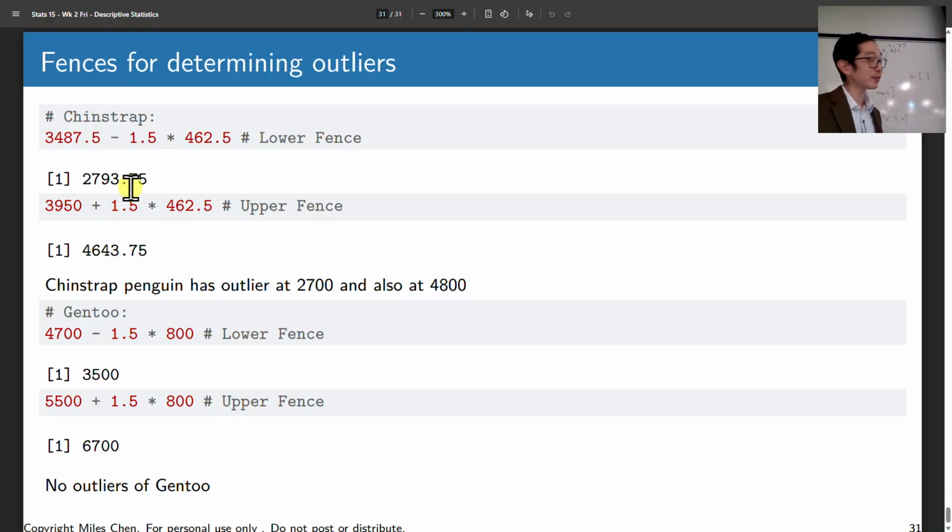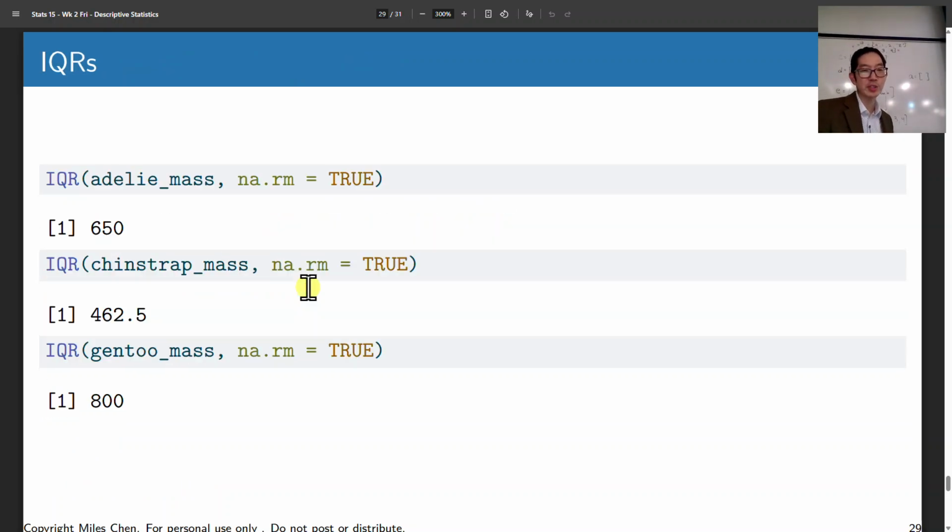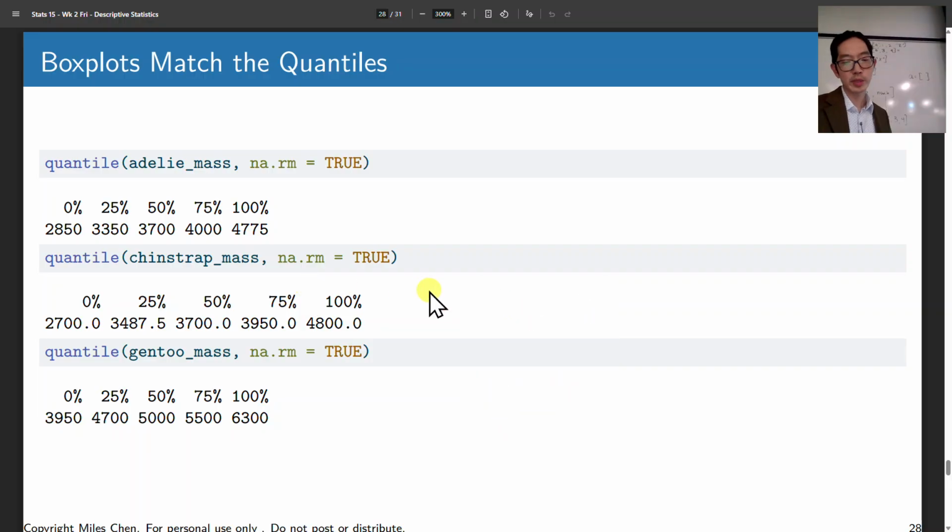And so we can see, for the Chinstrap penguins, if you figure out where the lower boundary is, 2,793.75, that's the lowest it could be without being an outlier. And then if you look at the data, there is somebody who's at 2,700. So this would be considered an outlier. And that's what you have, okay? So you can double check all of these numbers, and they align with the plot here.